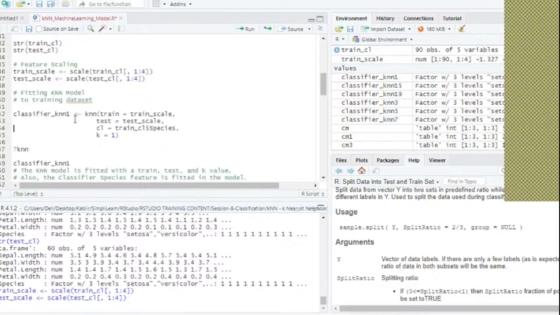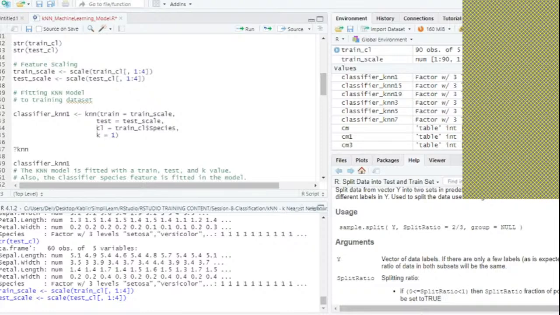First, I put the value of k as 1. I mention the cluster that I have to create, the train data and test data. Angela, KNN takes in scaled data only. You have to scale it before you put the data in KNN.